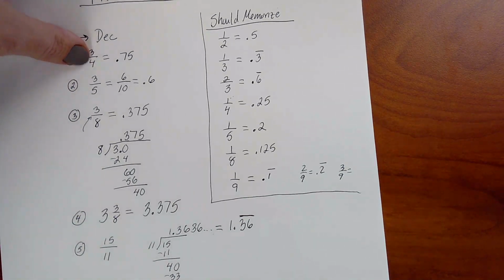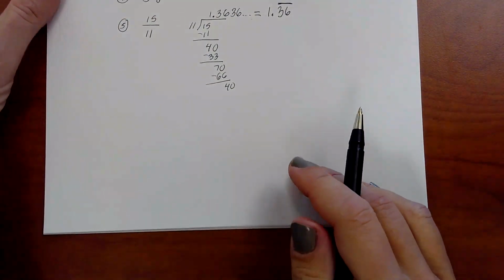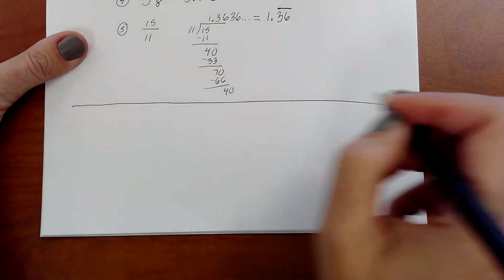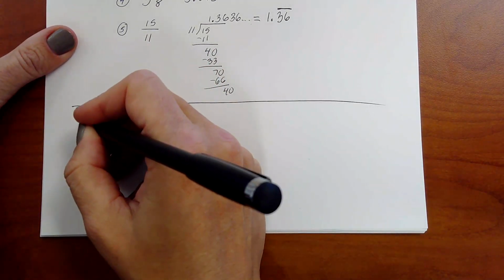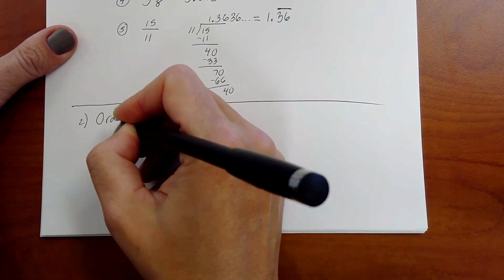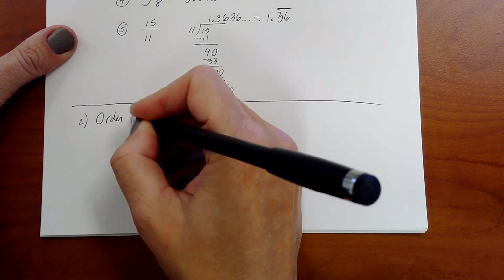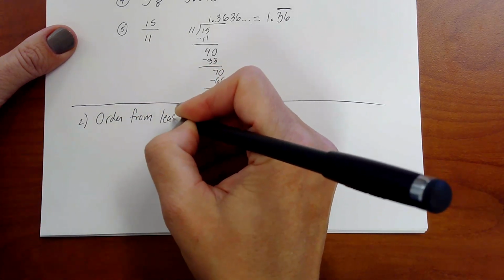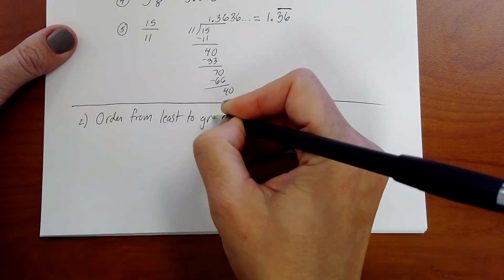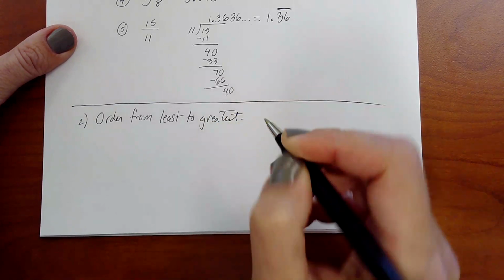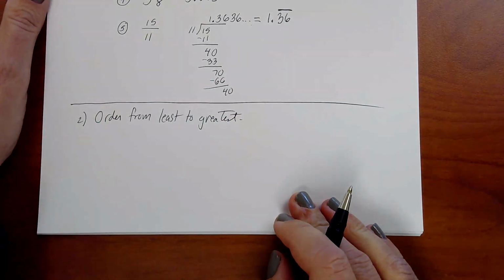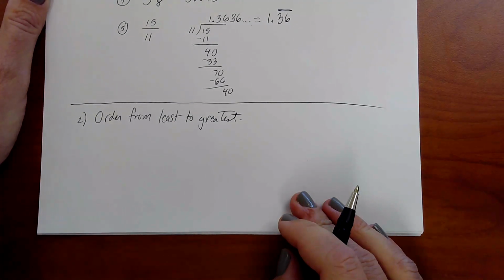All right, so what's your homework going to do? Your homework is going to ask you to put things in order. So they're going to ask you to, this will be number 2, order, I guess, from least to greatest. And there's going to be a mixture of fractions and decimals.